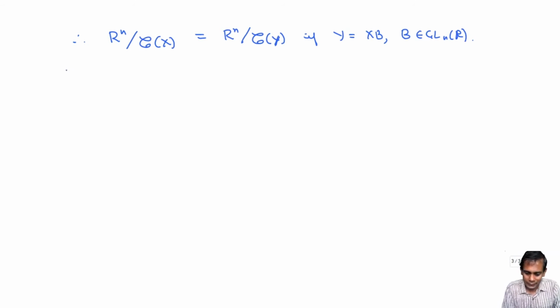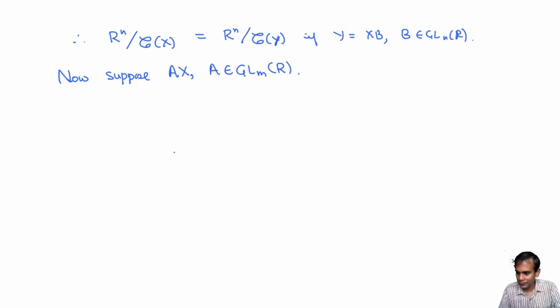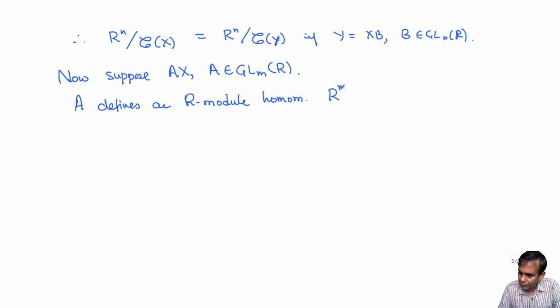Let's now look at the case that Y is A times X, where A belongs to GL_m(R), and so this A defines an R-module homomorphism R^m to R^m.